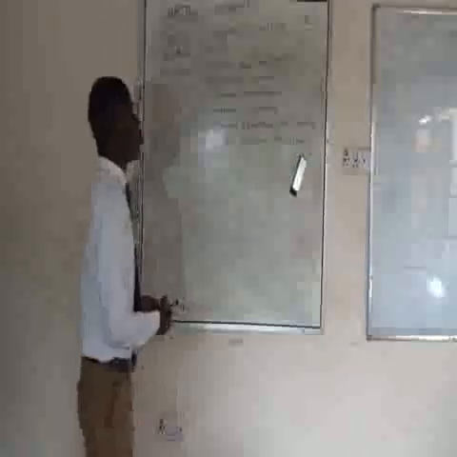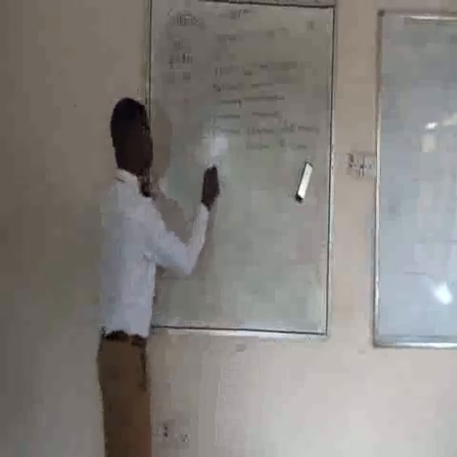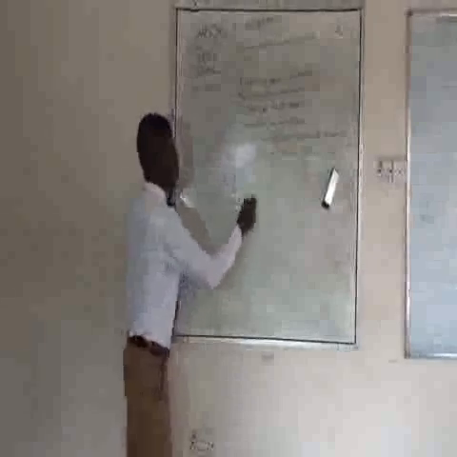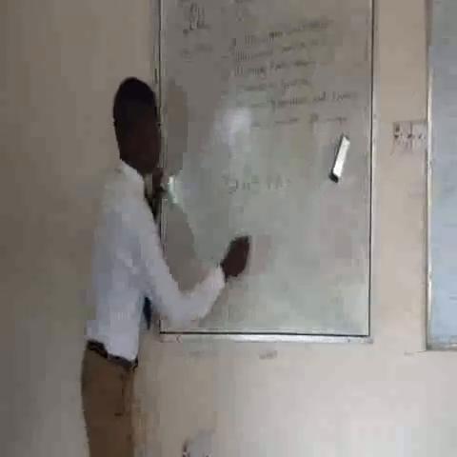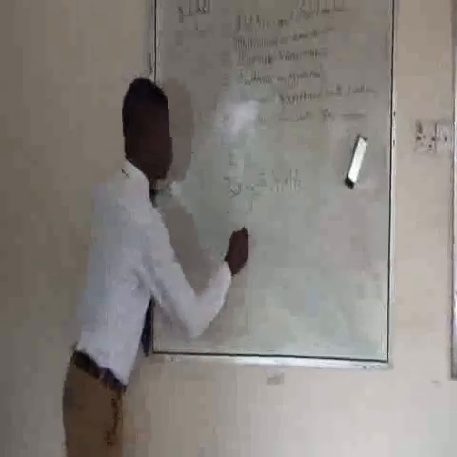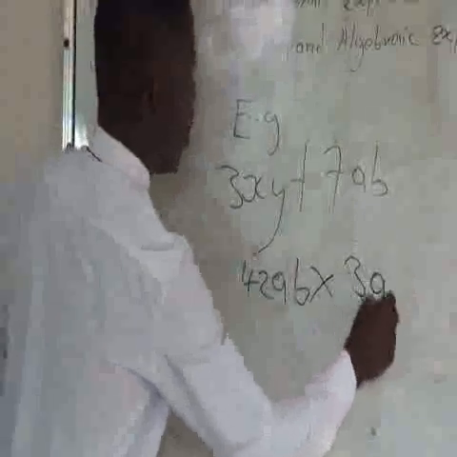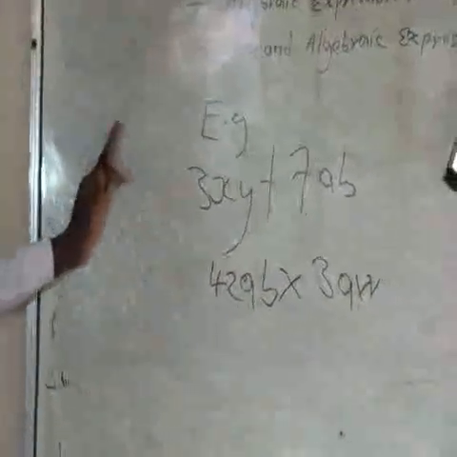The example of algebraic expression, we have 3xy plus 7ab, or you may have 42ab times 3aw. This is an example of algebraic expression.